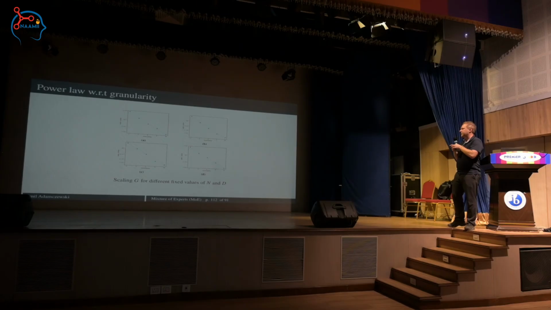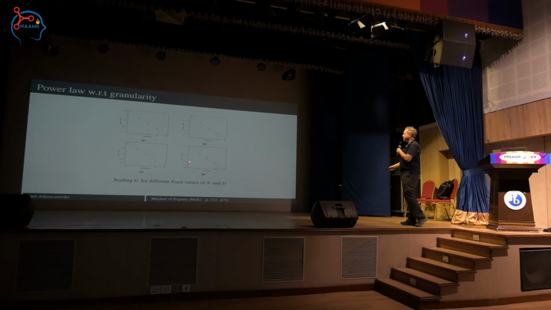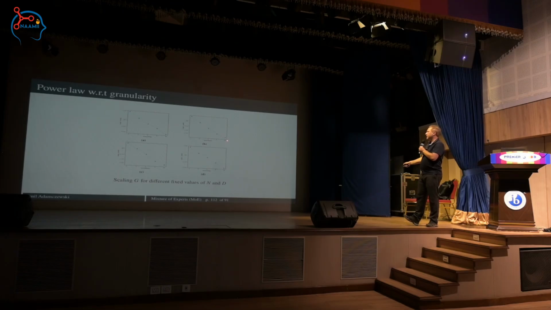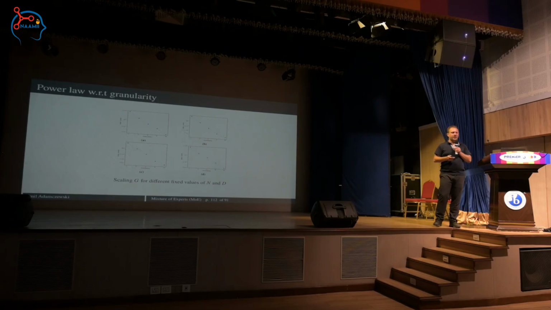As you can see, there is a scaling law for the granularity. This is 1, 2, 4, 8, 16, and this is the loss. So we see that there is a power law relationship between the granularity and the loss. This is another aspect of an architecture that follows the power law.